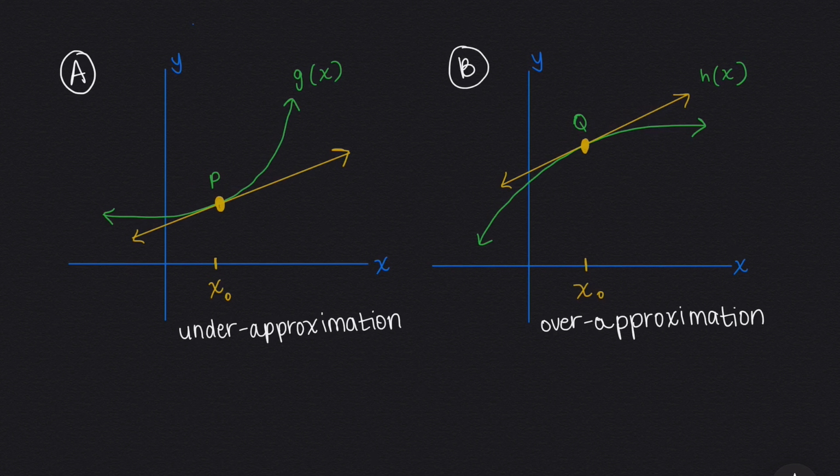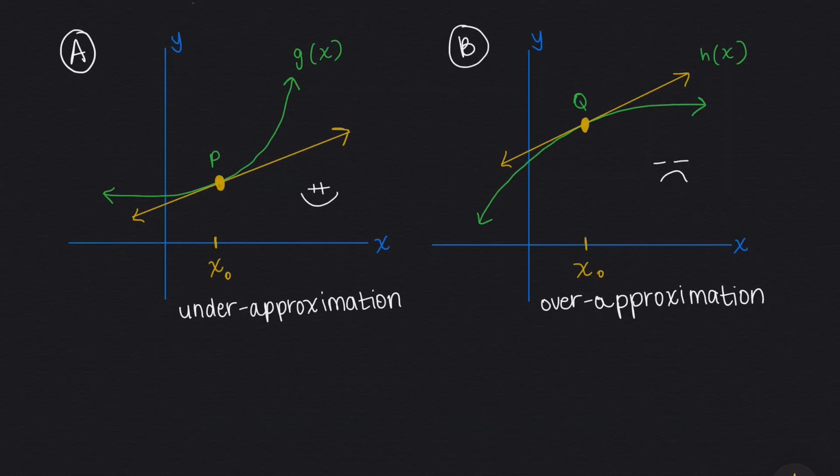Now, I hope you're noticing the key difference between g of x and h of x, and it has to do with their concavity. So notice g of x is concave up, so the tangent line is below it, and h of x is concave down, so its tangent line is above it.